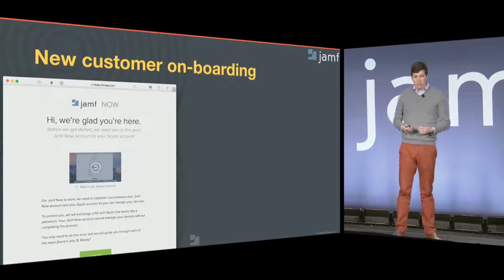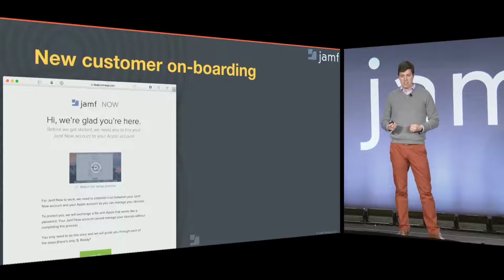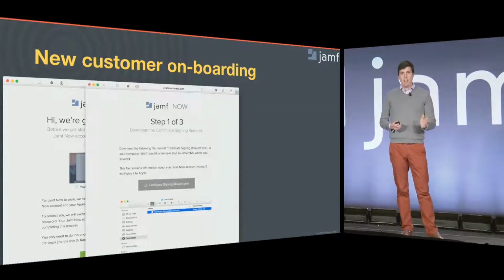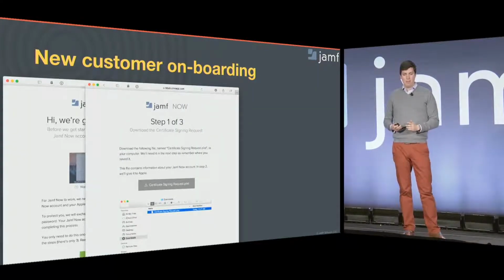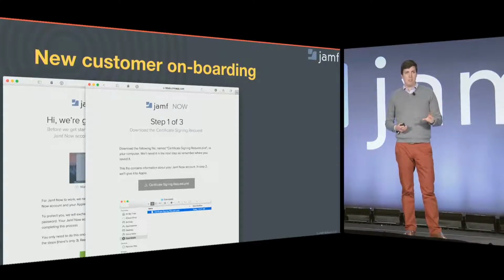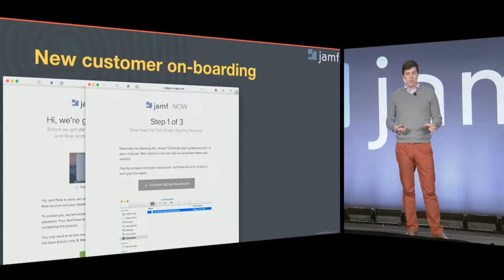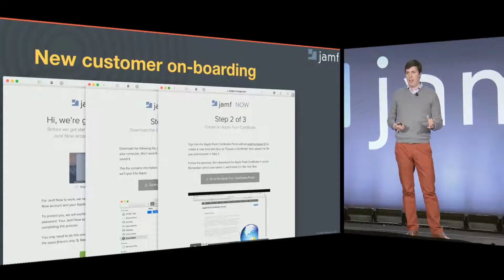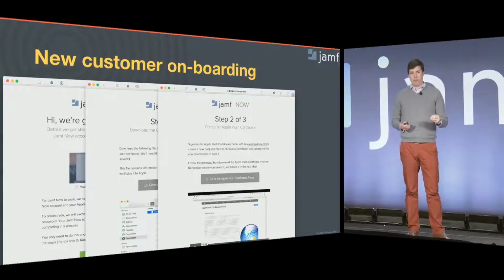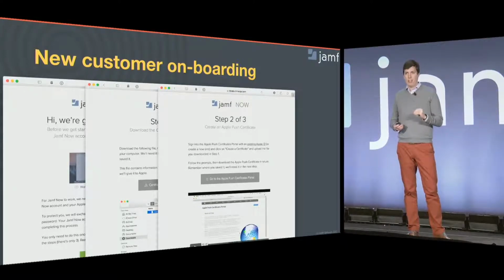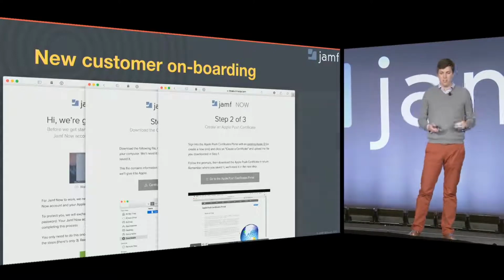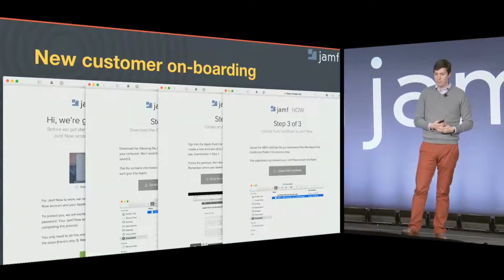Then, after they click the green button that says Let's Go, we break this apart into 3 steps. On each step, we have the text description, an image or a video to assist, and each step has a single action required. So do one action, click next, do one action, click next, do one action, and then you're done.